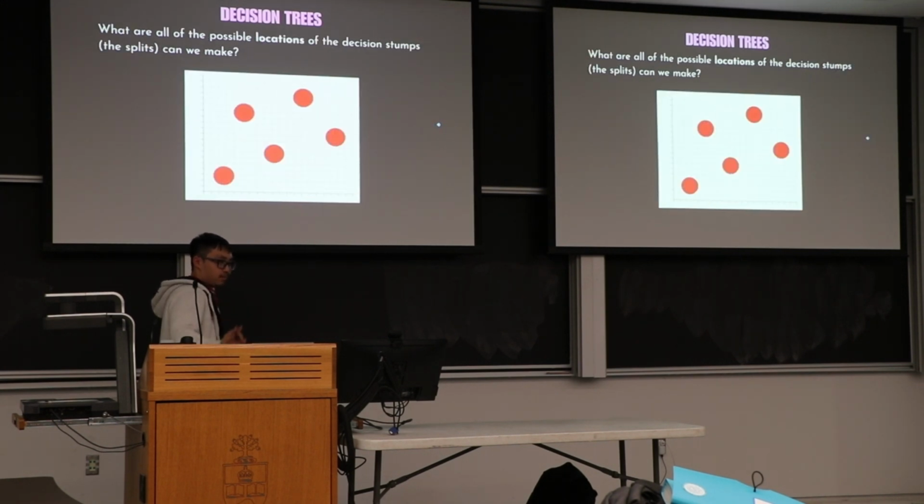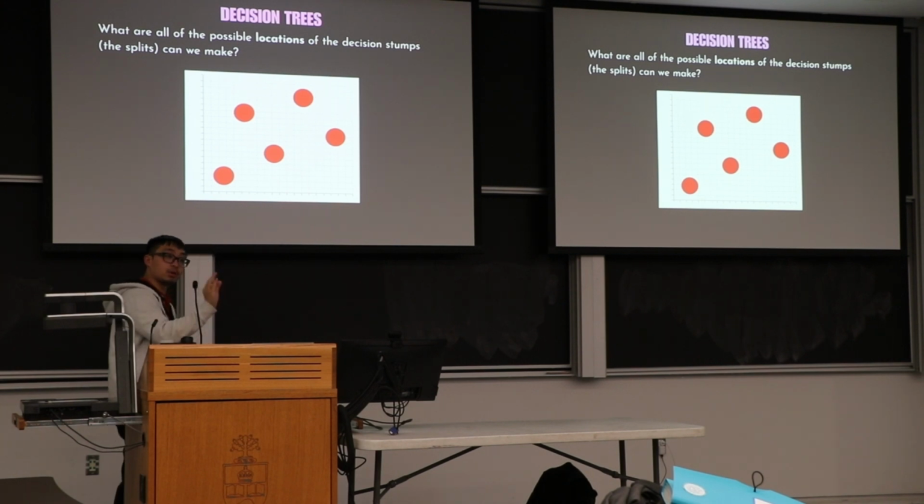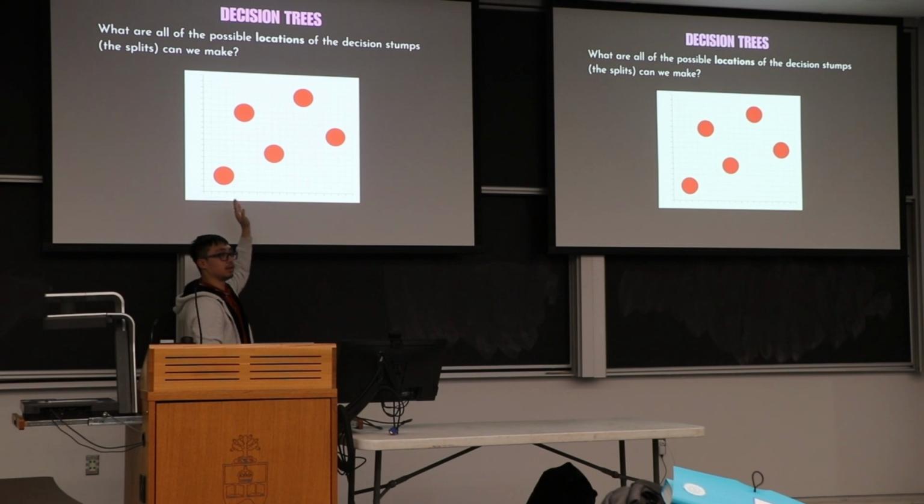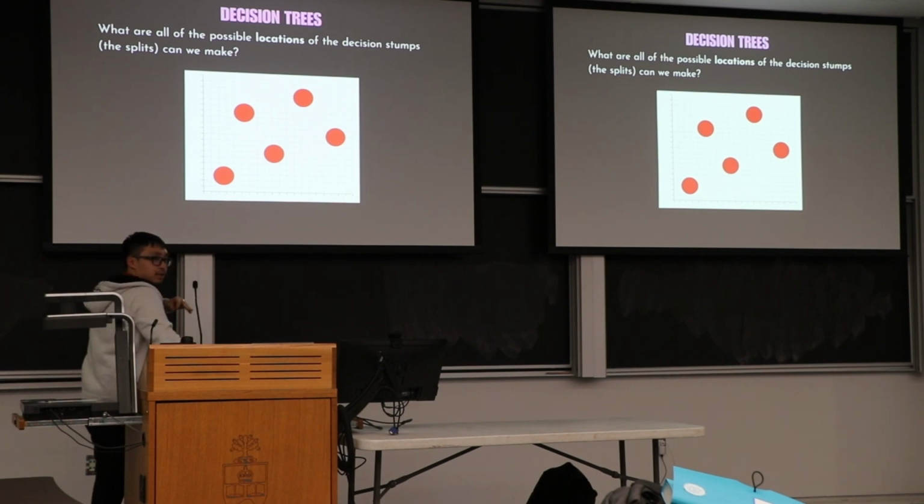My challenge for you is, can you determine all the possible locations of the decision stumps? When I say locations, I mean in between which points, because there are infinitely many ways you can place the lines. So I'll let you think about this for a second.